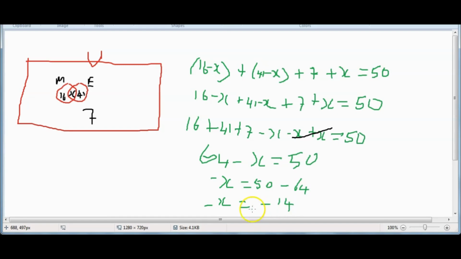Multiplying through by minus, we have x is equal to 14. 14 students pass both maths and English.